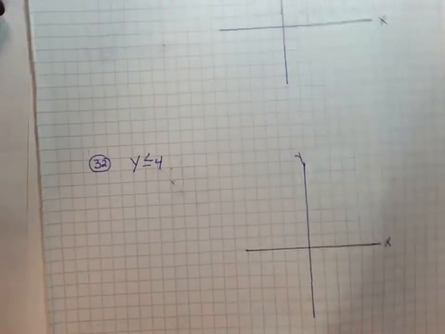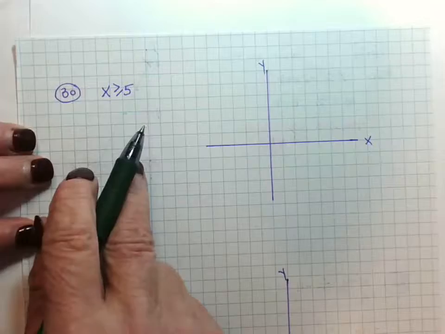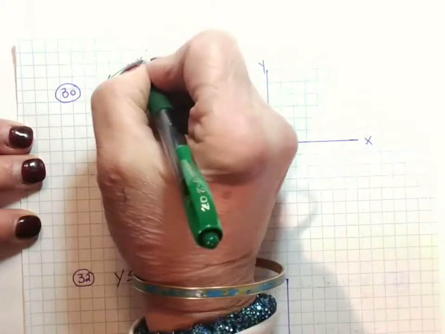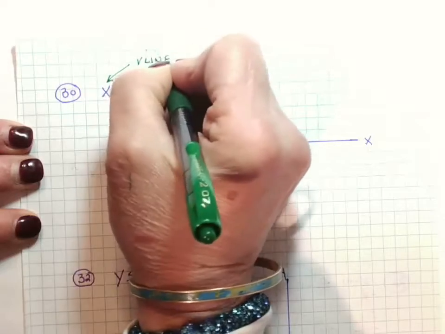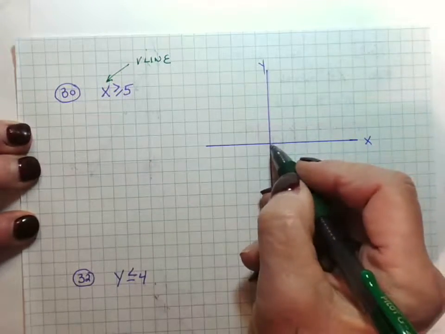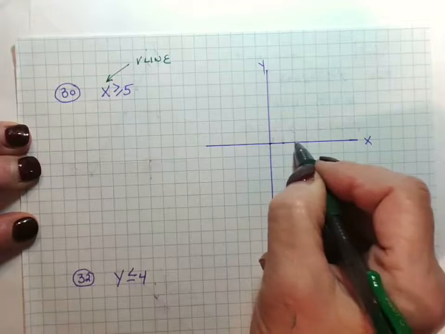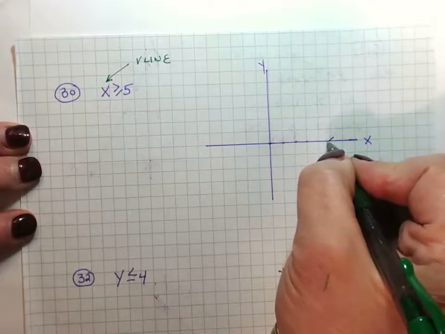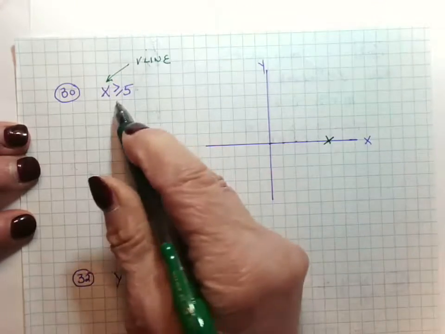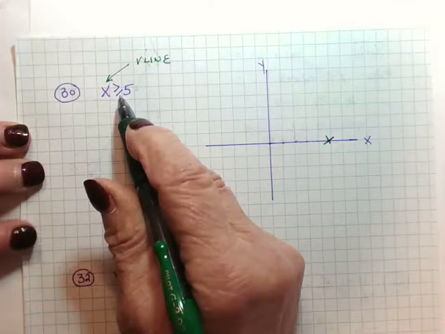Next, even problem is number 30. And you should know that this is going to be a vertical line. And the vertical line is going to have an x-intercept. Okay, 1, 2, 3, 4, 5. Again, none of these problems are having you use dotted lines.